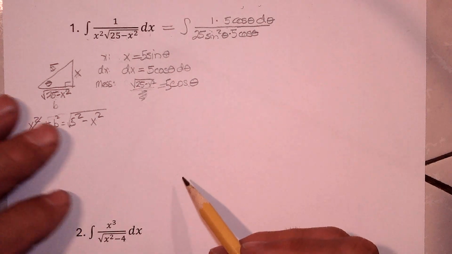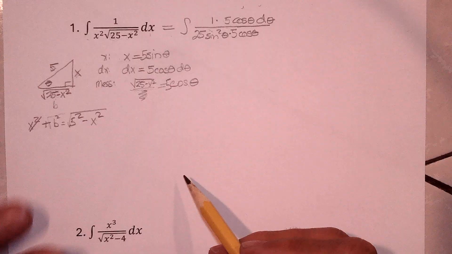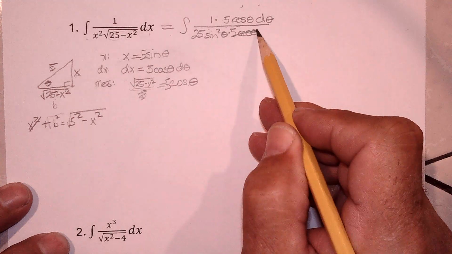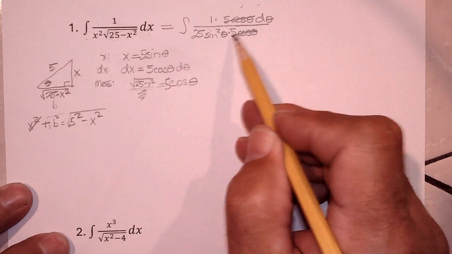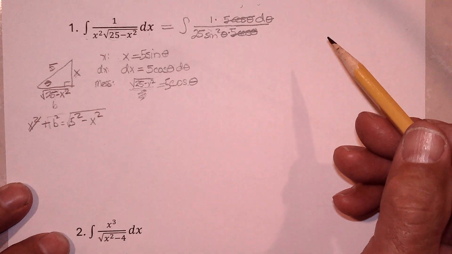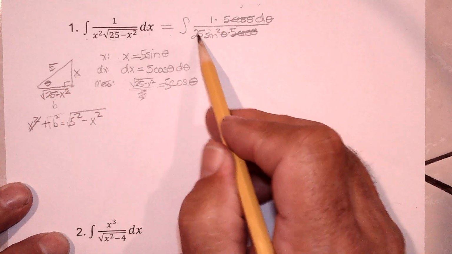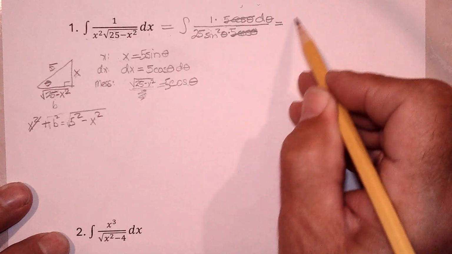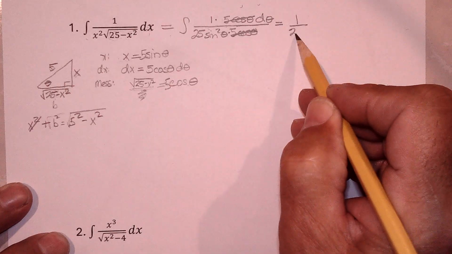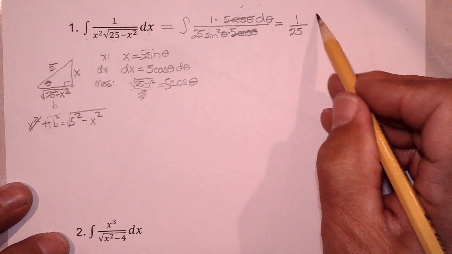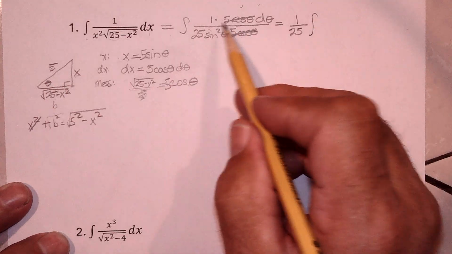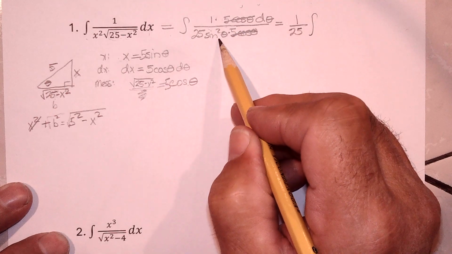Now I'm going to do some trig simplification. The 5 and the cosine theta cancel, and I have 1 over 25 that I can pull out because it's a constant, and so I'd have 1 over sine squared.